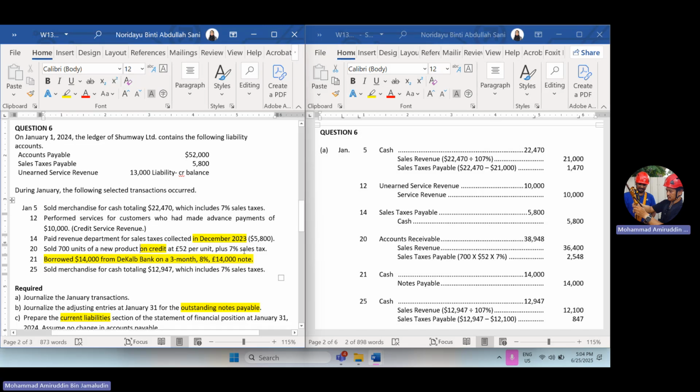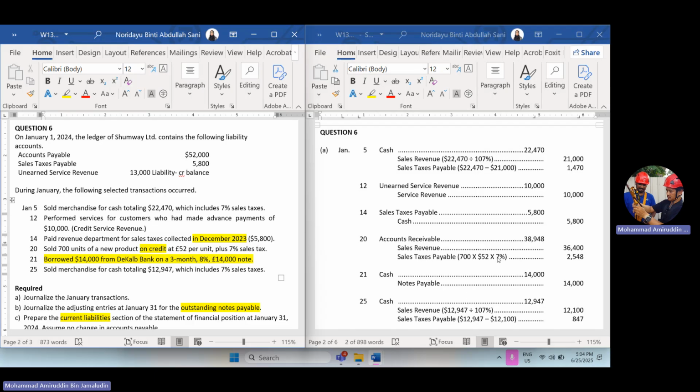So 7% is your tax not yet paid. From here, can you know? There's no sales tax value, right? Because I don't even know my revenue in this transaction. So I compute the revenue.